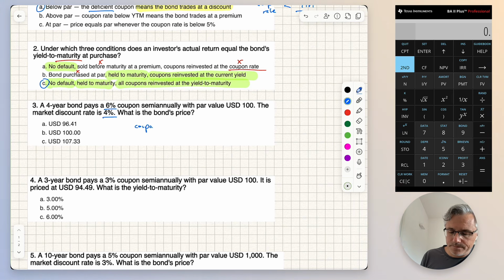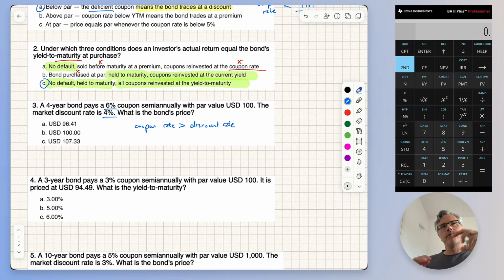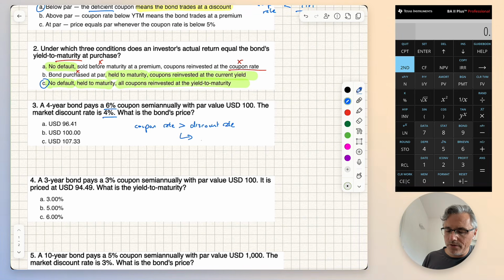If the coupon rate is higher than the discount rate, it means the bond is producing a higher coupon than what the market requires. And therefore, investors will bid up the price just to get their hands on this bond. That will pretty much always lead to the bond being priced at a premium.